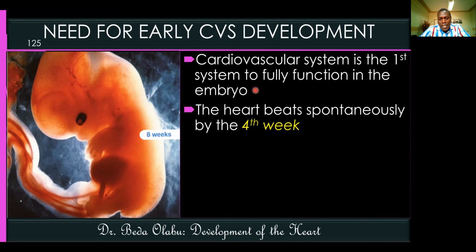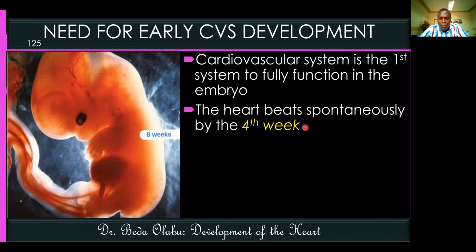As a matter of fact, the first heartbeat that beat spontaneously is experienced in the 4th week of gestation. And from that time onwards, your heart has never stopped beating. The heart starts to beat in the 4th week of gestation, very early in fetal life.